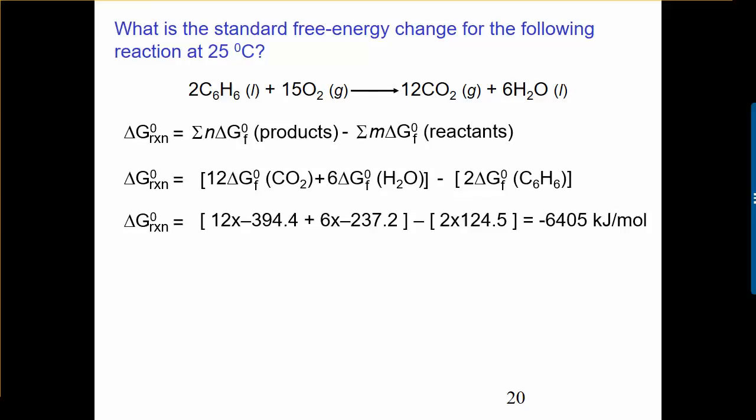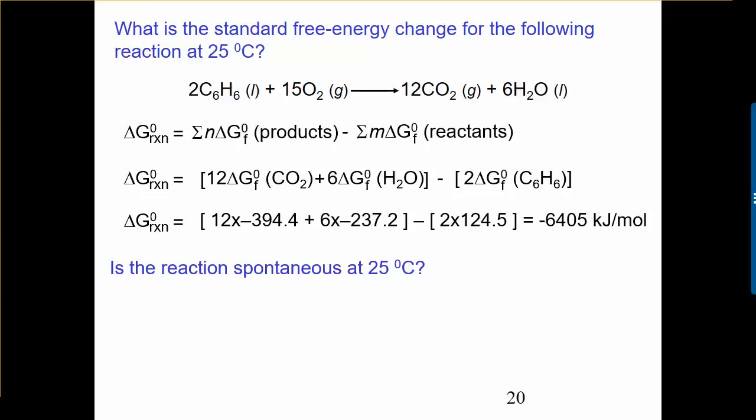You can plug those numbers in for the delta G of formations for these different compounds, and then multiply them by their coefficients. Okay, add them together, and then subtract products minus reactants. Okay, products minus reactants.